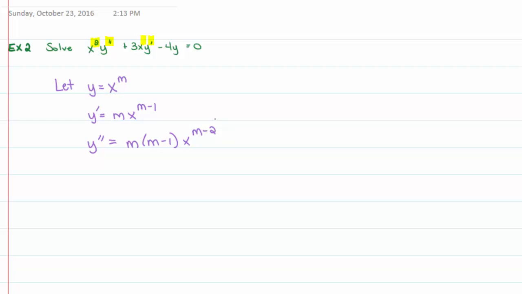And you insert those into your Cauchy-Euler differential equation, and you will arrive at the following: x squared times the quantity m times m minus 1 times x to the m minus 2, plus 3x, again, times the first derivative, which we're saying is m x to the m minus 1. And then finally, minus 4 times y itself, which we're assuming is going to be x to the m-th.